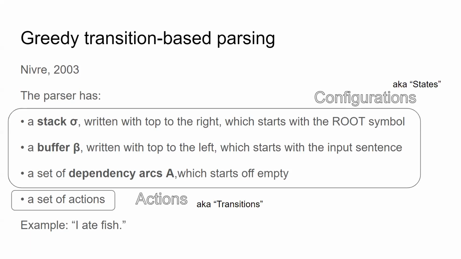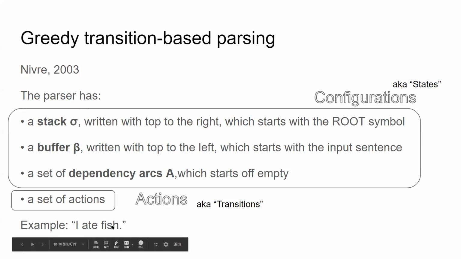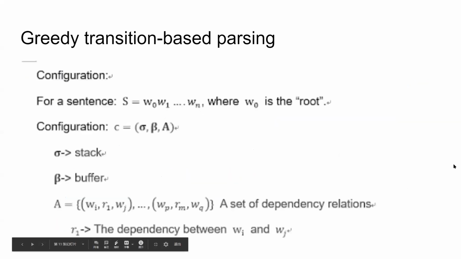The stack is a pile of words that I've built to deal with, and the buffer contains all the words in a sentence that I haven't dealt with yet. In this transition-based parser, we move the words from the buffer, which is like backstage, to the stack, which is the front stage, and then generate some dependency relations. I'll give an example of this in the following slides.